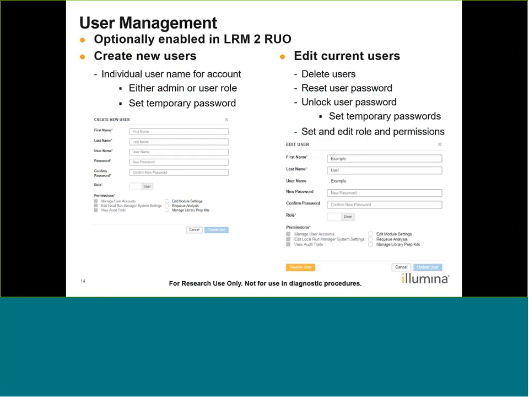So if you have this turned on, you can create new users and so give different users different logins, which are then tracked in the audit trails. You can decide if they're either admin or regular users, and then send temporary passwords for them that they would change once they log in. You can also edit current users, delete them, reset their password if they forget, unlock passwords, change their permissions, and so on.